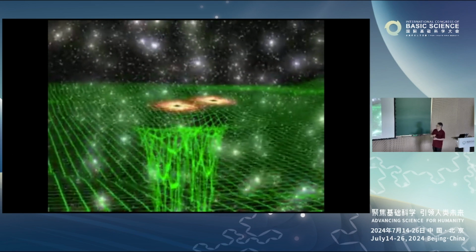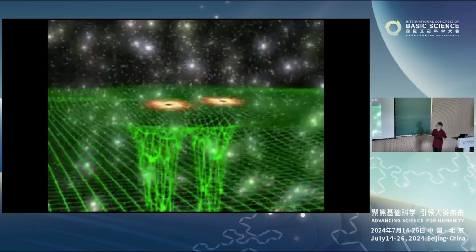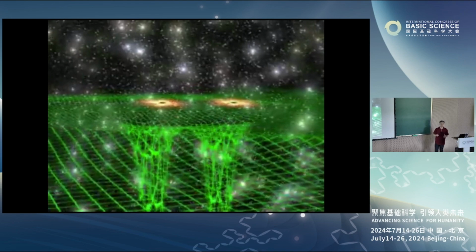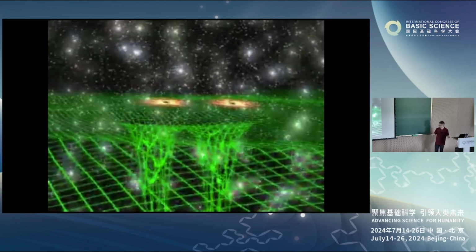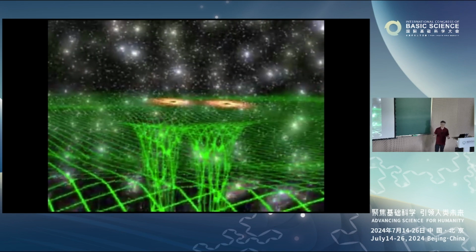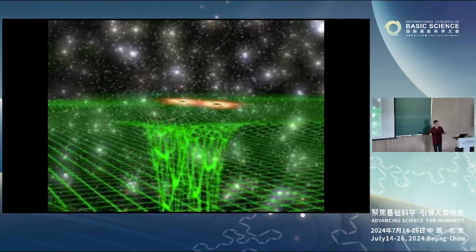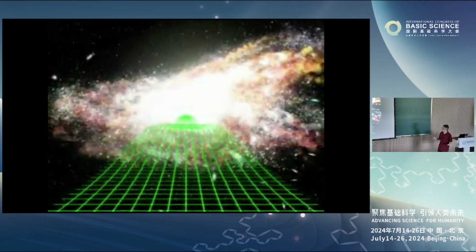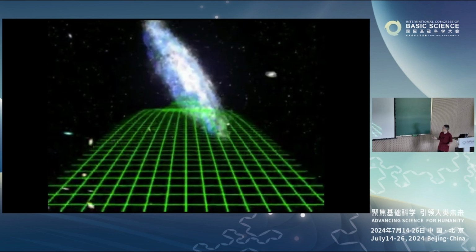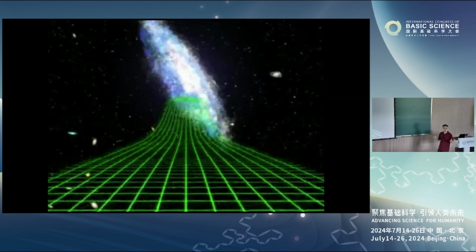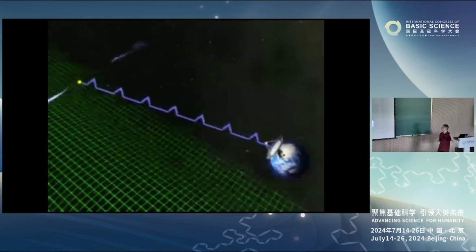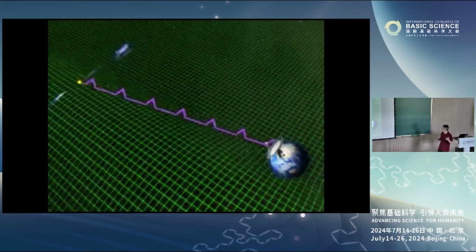Once they move around each other, this binary will generate a gravitational wave, a very long wavelength or low frequency gravitational wave. This gravitational wave can propagate to our galaxy and change the distance between the pulsar and the Earth.